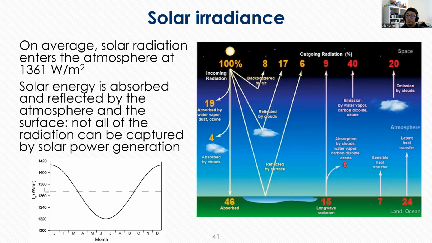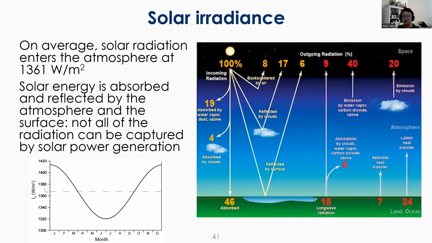So where does the energy come from for solar, right? From the sun. You have solar irradiance. And so this is kind of a figure of what happens to essentially sunlight, right? So you have it coming through the atmosphere, some of it gets scattered back into space.